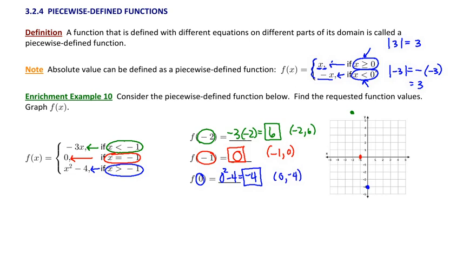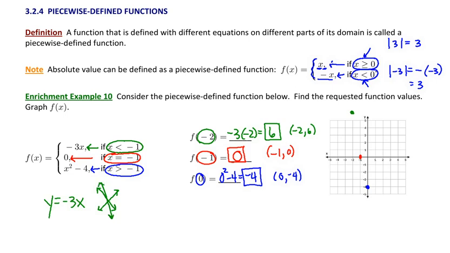Well, to figure that out, we're going to treat this like it's three separate functions. I'm going to start with the graph of y equals negative 3x. This is a transformation of the identity function y equals x. If we think about the graph of y equals x, negative 1 times x reflects the graph across the x-axis, and then we're going to stretch it by a factor of 3.